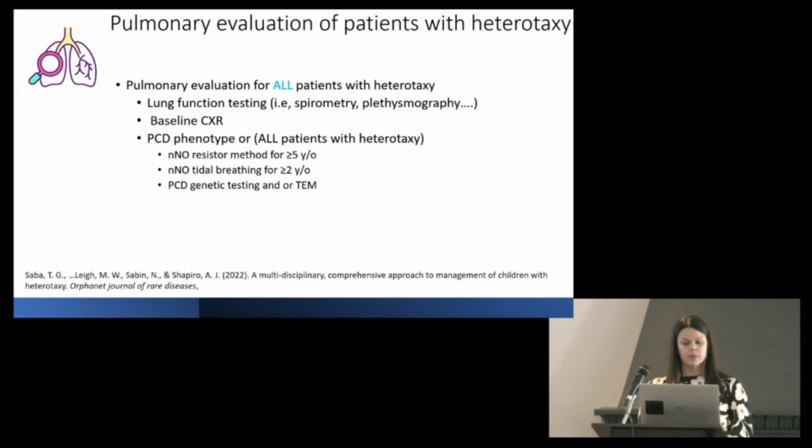Some would argue that all patients with heterotaxy and respiratory symptoms should be evaluated, and that's what we do in our center. That includes nasal nitric oxide measurement for patients that are 5 or older, nasal nitric oxide measurement using tidal breathing for those that are 2 years of age or older, and of course PCD genetic testing and/or ciliary ultrastructure evaluation.